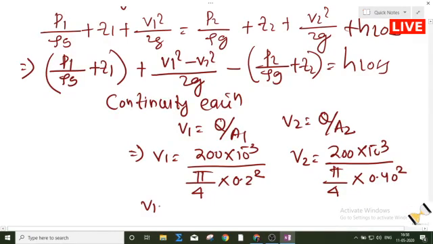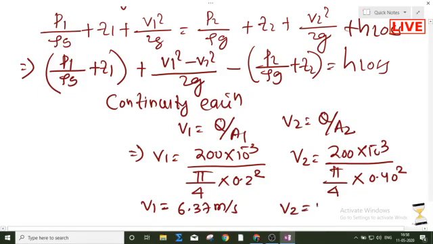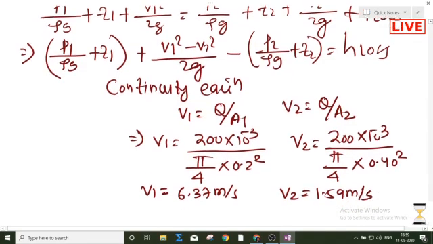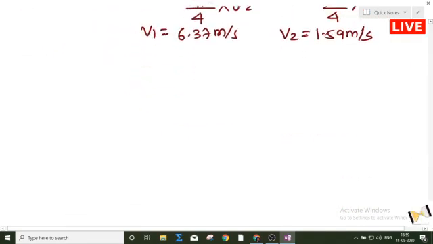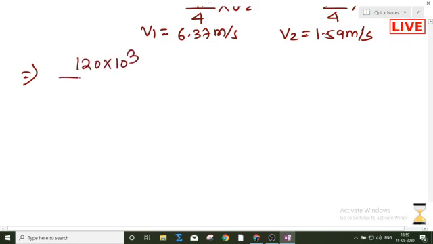Now if you see, V1 is coming out to be 6.37 meter per second, and V2 is coming out to be 1.59 meter per second. Now you put this value and find out the total head loss. So P1 by rho g will be 120 into 10 to the 3 Pascal divided by rho g.